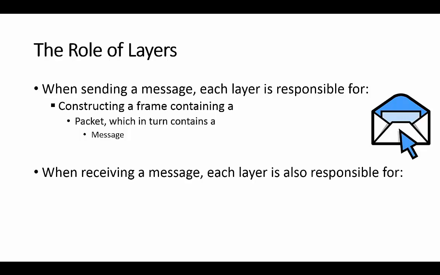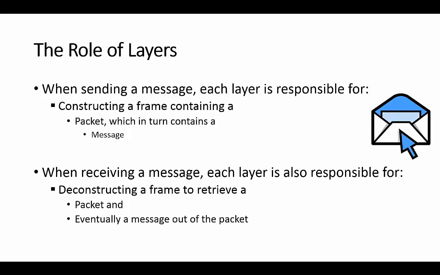When receiving a message, each layer is also responsible for deconstructing a frame to retrieve a packet and eventually a message out of the packet, and the message is actually consumed by the application layer.